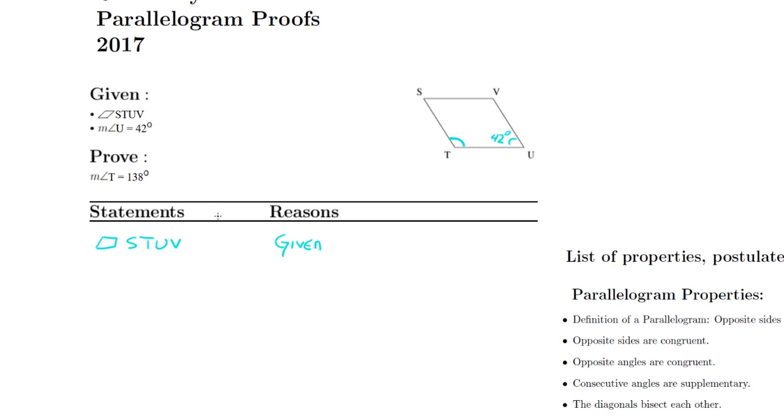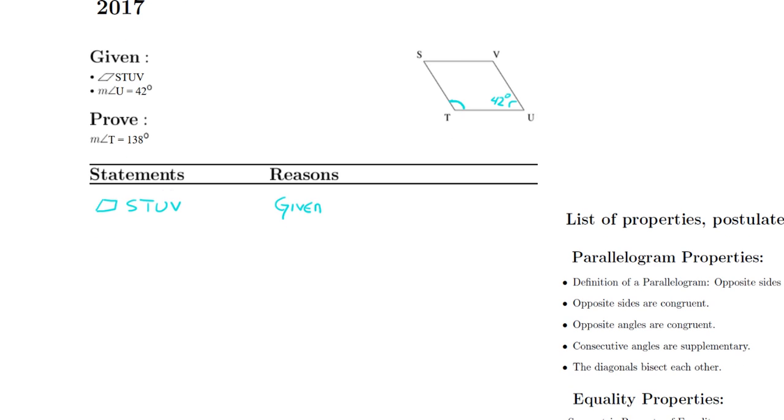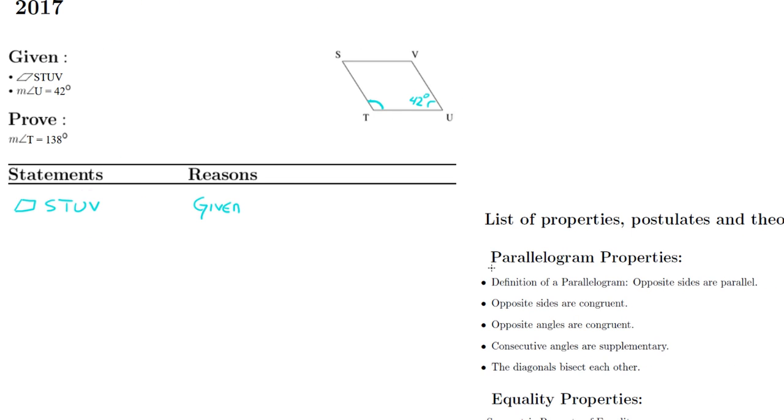Now, if STUV is a parallelogram, what do we know? Again, we need to go straight to our list of properties and see which of these are important for our proof. So if you already know, we've read this list before, the one that we're interested in is that consecutive angles are supplementary.